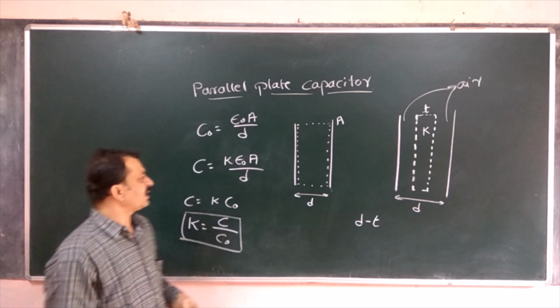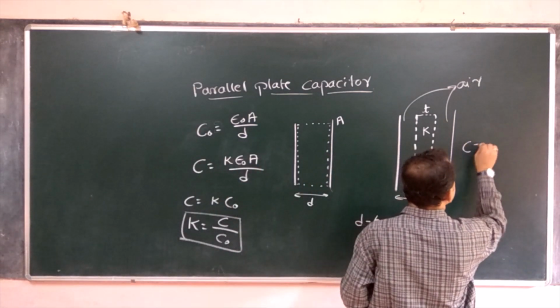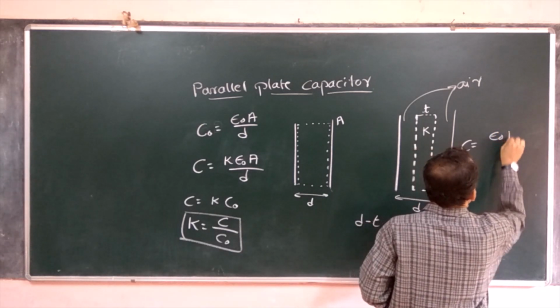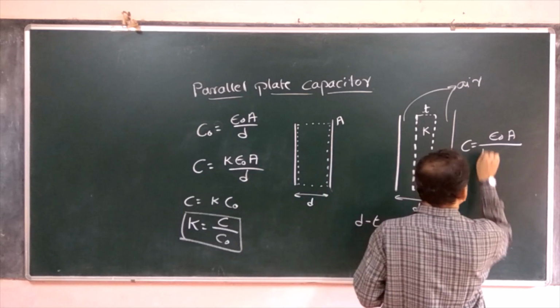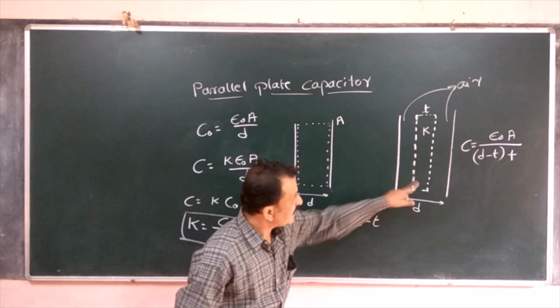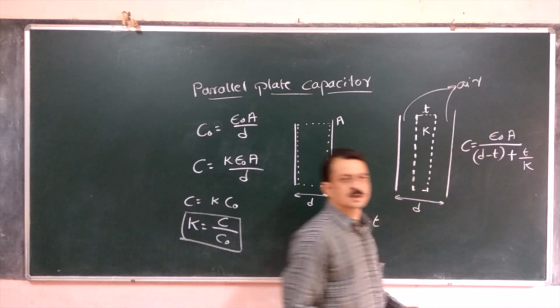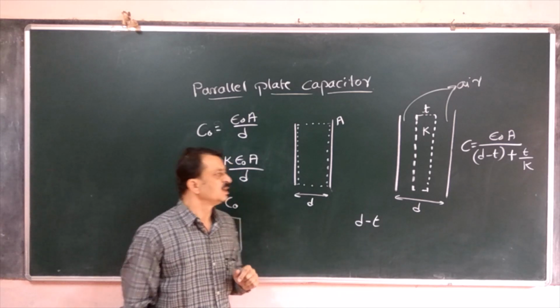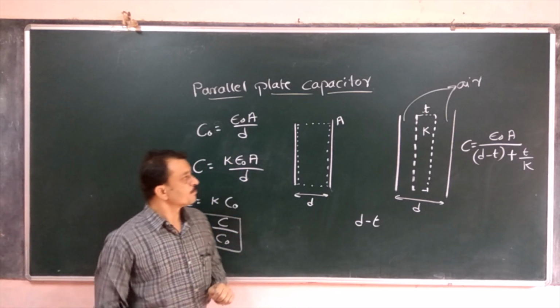Then the expression for the capacitance in this situation is C is equal to epsilon naught A divided by, for the air medium d minus t, plus, for the dielectric medium t divided by K. Now that formula we use while solving some competitive problems.